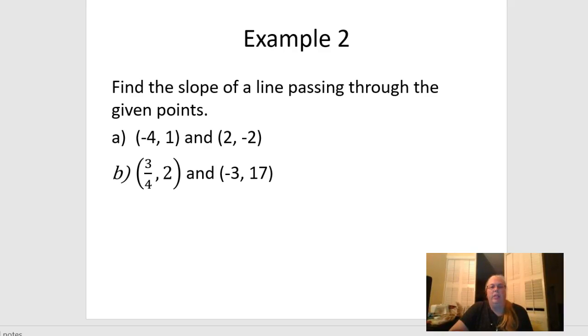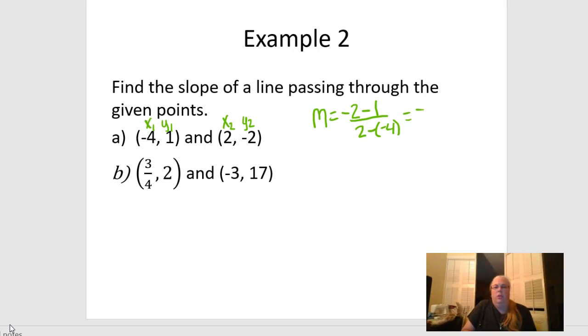Example 2. Find the slope of a line passing through the given points. A, the point -4, +1, and the point +2, -2. All right, our slope, if we treat this one as x1 and this one as y1 and this one is x2 and this one is y2, then we will have negative 2 minus 1 divided by positive 2 minus negative 4.